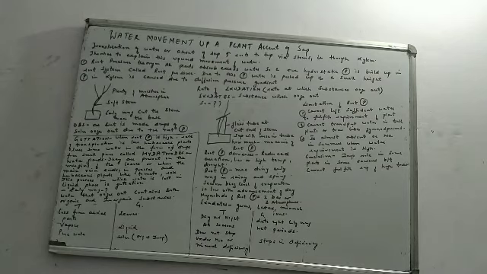So these are the main differences between transpiration and guttation. Transpiration is water loss from aerial parts. Guttation is water loss from leaves. In transpiration, water is lost in the form of vapors. In guttation, water is lost in the form of liquid. In transpiration, the water lost is pure water. In guttation, the water which is lost is a solution of organic and inorganic substances.